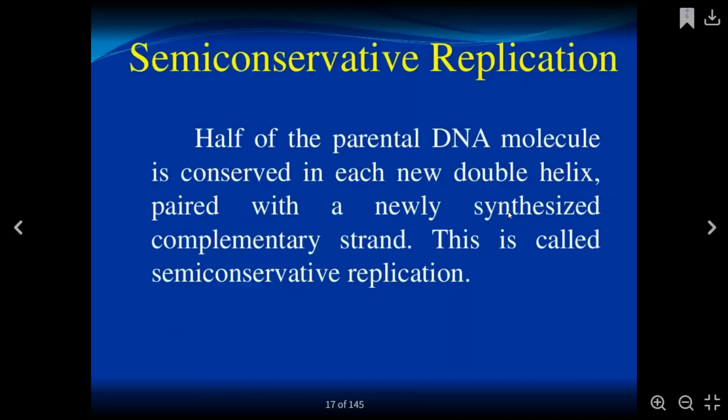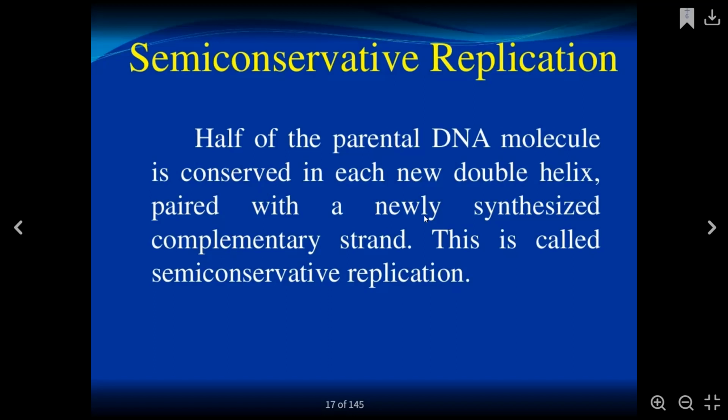And as we go on in the semi-conservative, half of the parental DNA molecule is conserved. What do you mean by conserve? Preserve, right? So the parental molecules are conserved in each new double helix paired with the newly synthesized complementary strand. So this is called semi-conservative replication.